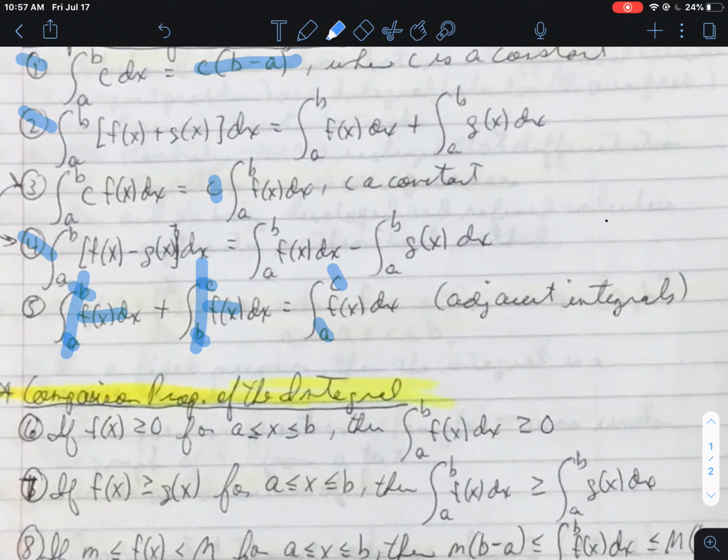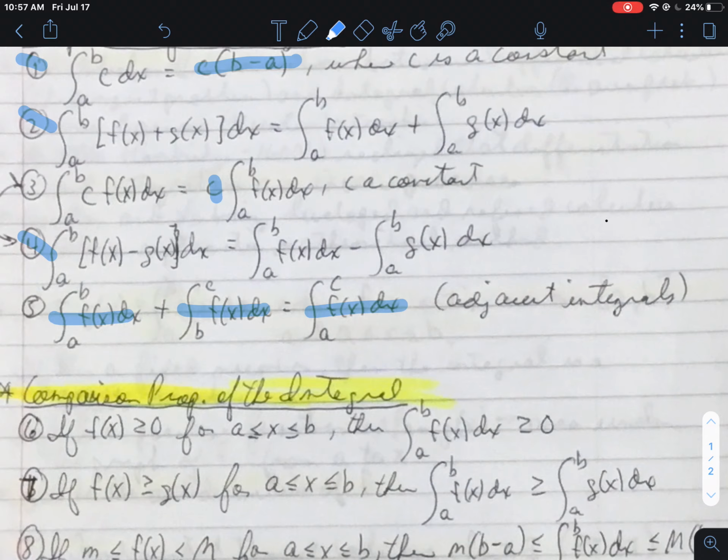Where we actually use this more so is in the opposite direction, right? Where we start with this integral, and maybe we need to break it up into adjacent integrals. That would be a case where maybe you have some point of discontinuity. Remember we mentioned earlier, if we have a fixed number of jump discontinuities, we could still calculate the integral.